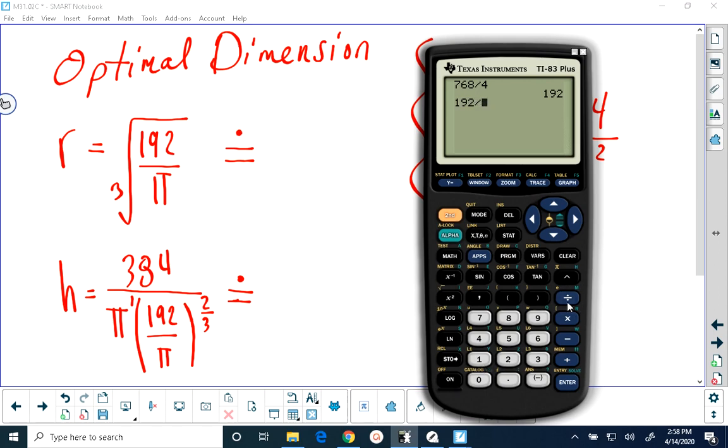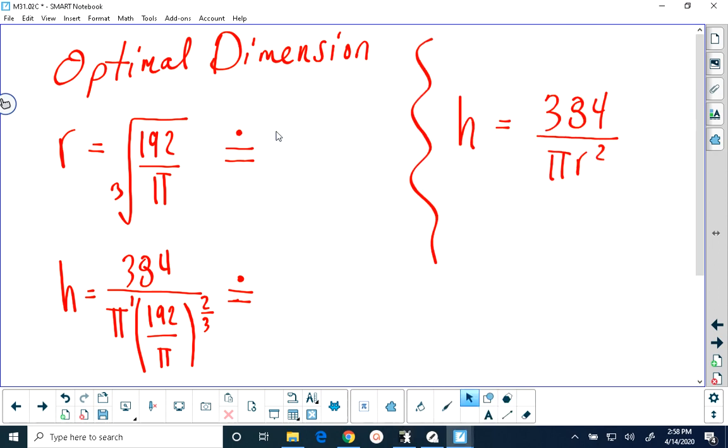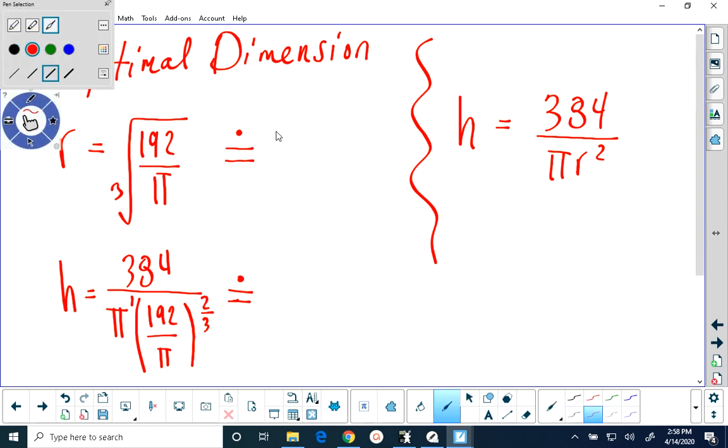192 divided by pi, and then I have to take the cube root, which is raised to the 1/3. I get 3.9 centimeters approximately. And then we are going to put that into our formula for h.